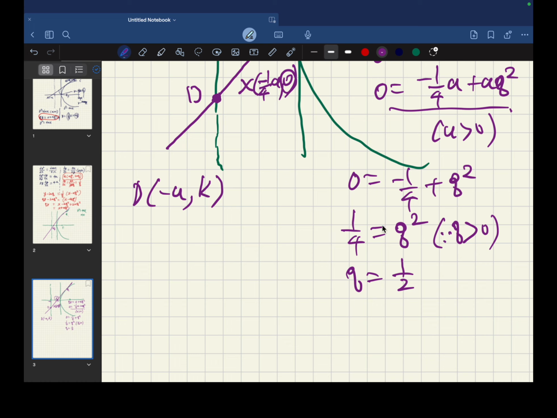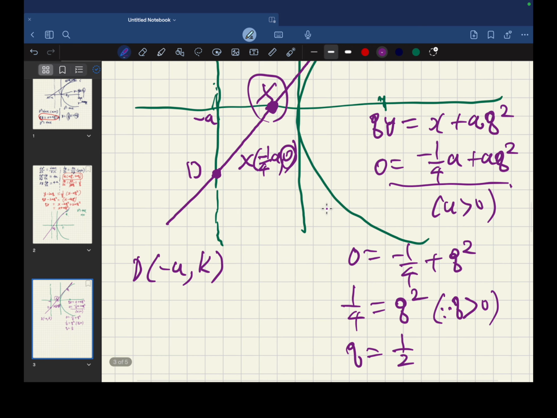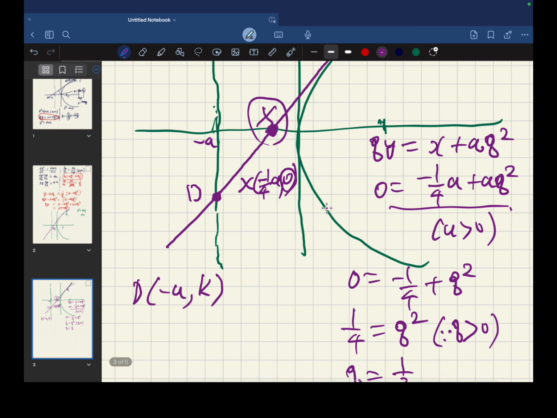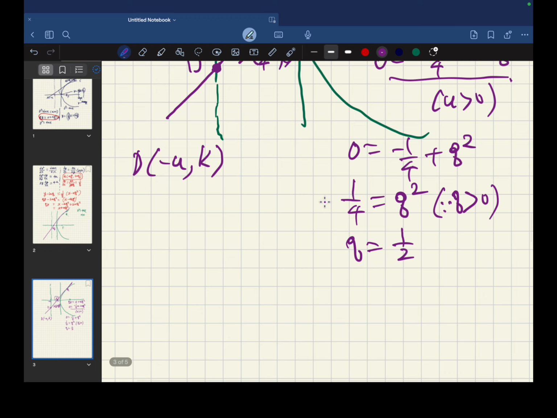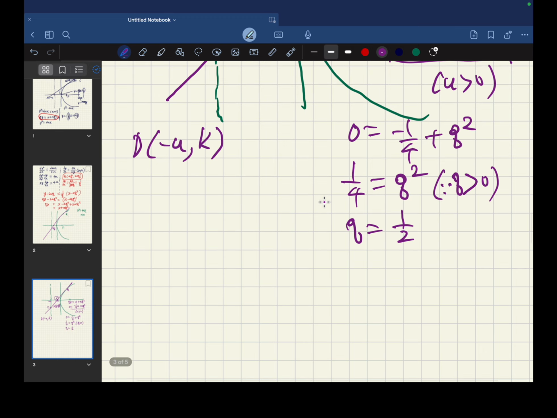Okay, so the slope was 1 over q, and so it must be 2.